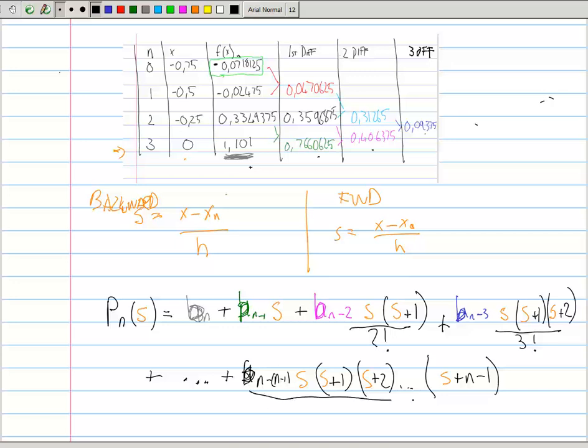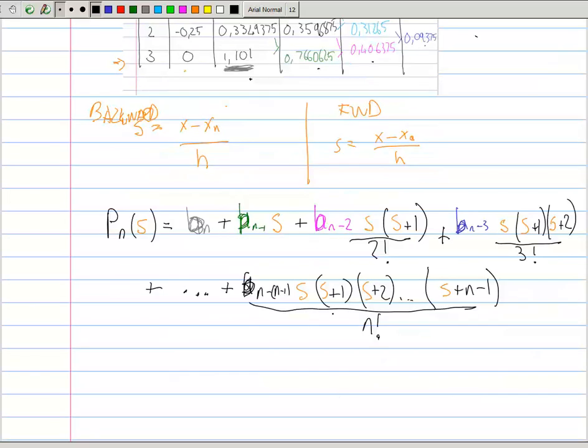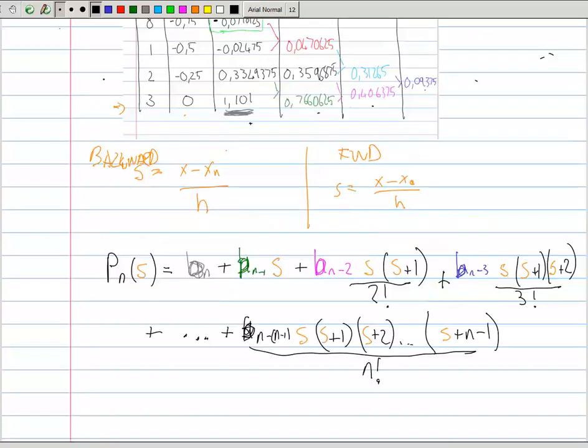And that is also going to be all over n factorial. So this is what we end up with. It is our basic formula, and while in algebraic terms it looks a little more complex, when we do it as the example, it's very similar to the previous formula that we were working with.